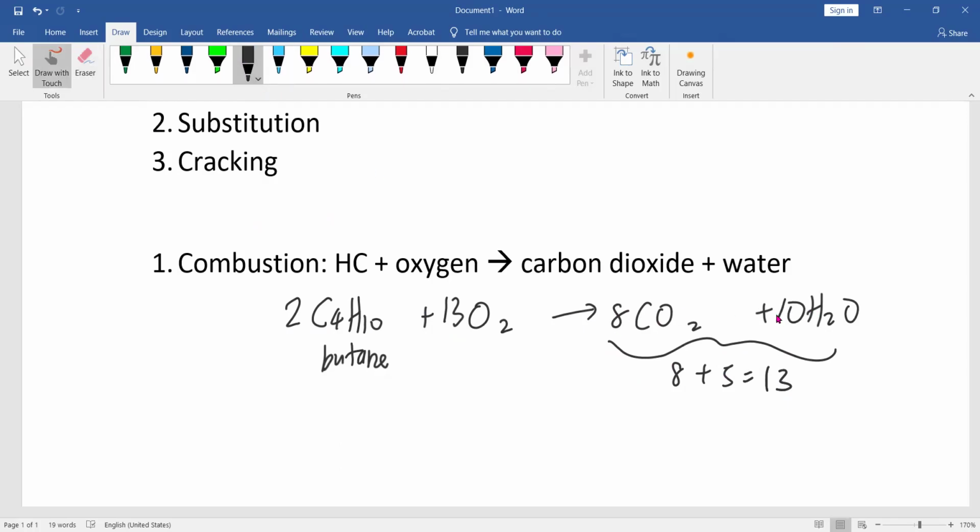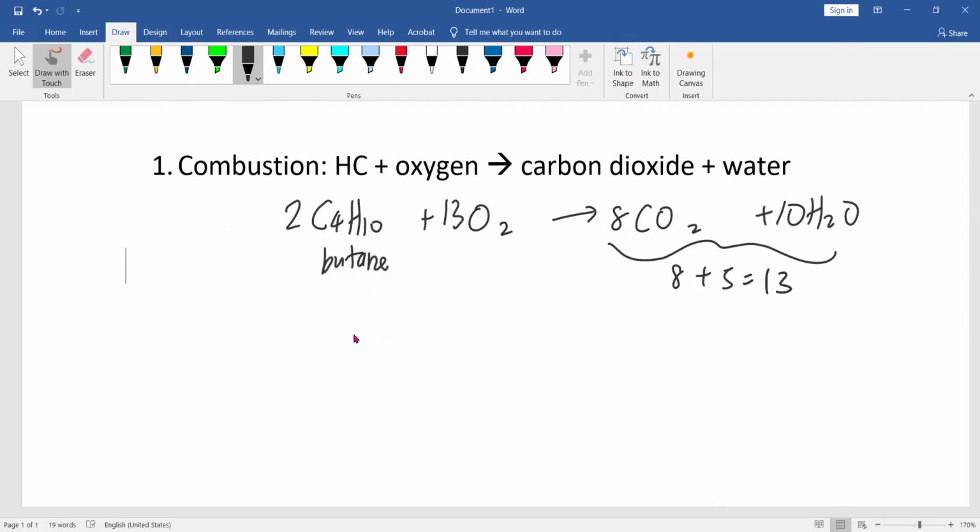Whether it's methane, propane, butane, they all act as a fuel. Okay, try one more. Octane. Octane is basically the petroleum that we use.